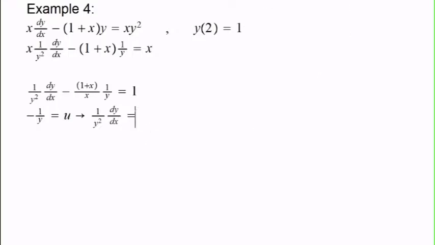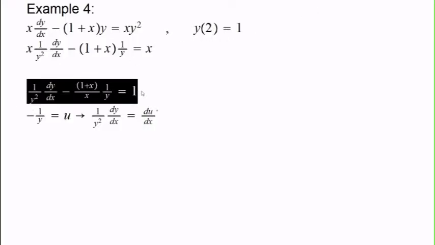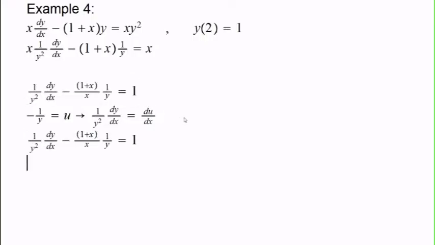So with this substitution, this equation becomes du dx minus 1 plus x over x times u equals 1.